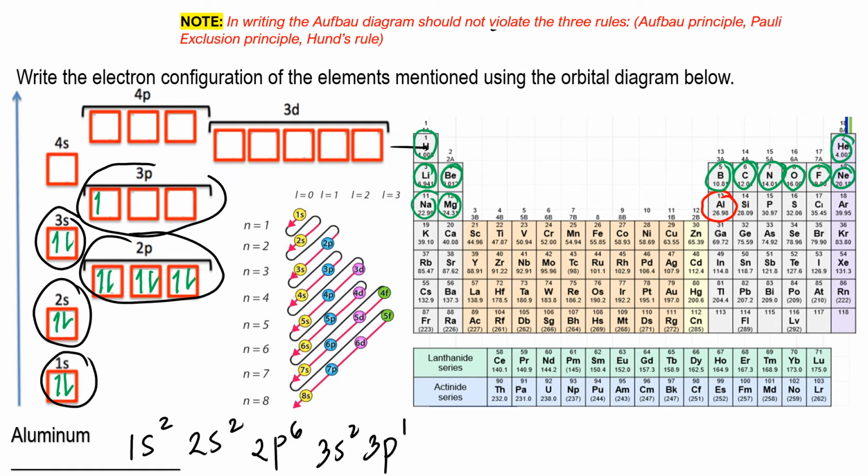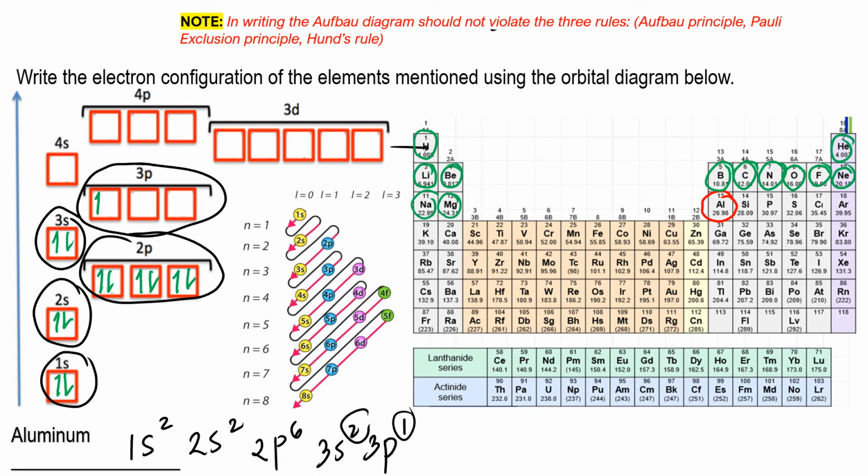If you noticed, the last orbital in which the electron was occupied is actually in the third energy level. So in the last shell, we have only 3 electrons. Now, this is what we call the complete electron configuration of aluminum.